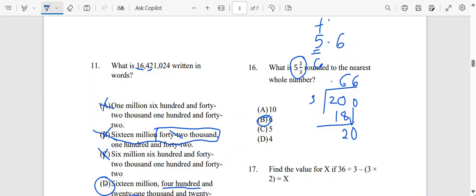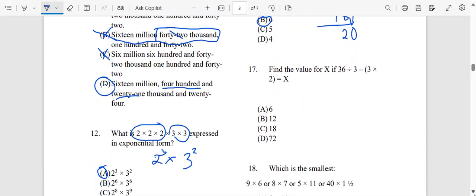Let's continue. Find the value of x if 36 divided by 3 minus 3 times 2 is equal to x. So they want to know the value of x.